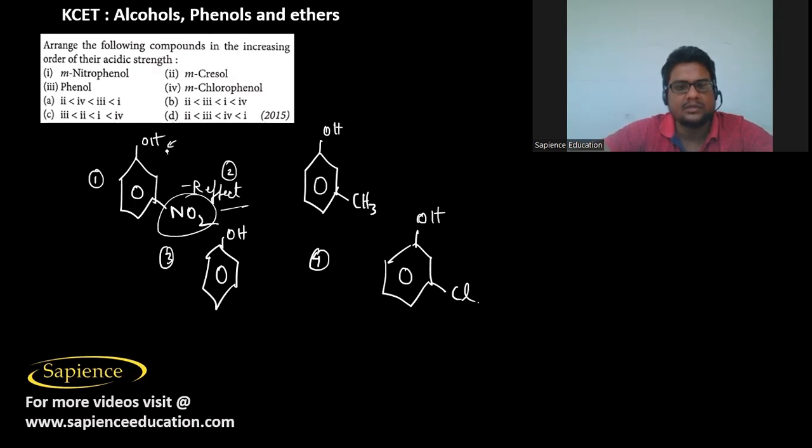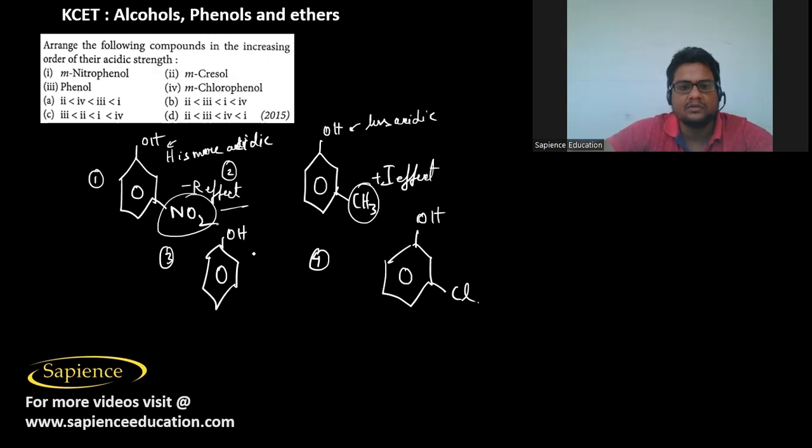So this hydrogen will be more acidic. And the methyl group has got plus I effect. So this hydrogen is less acidic than phenol also.